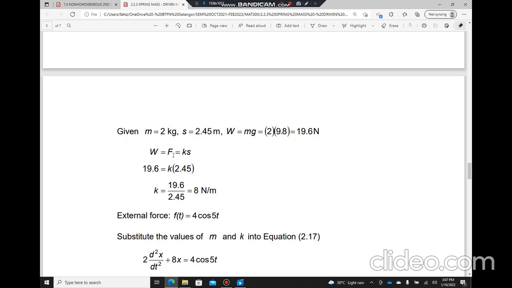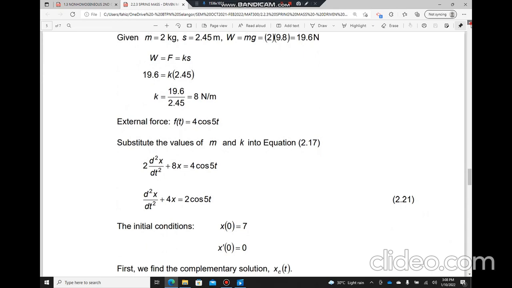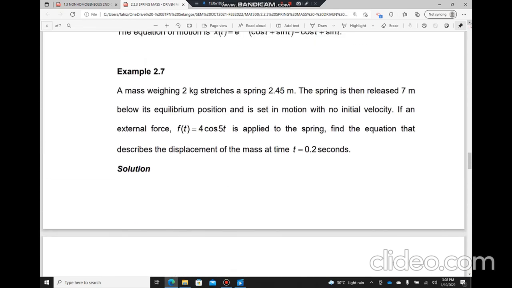So W equals to F, equilibrium position. So W pun dia sama dengan F sama dengan 19.6 equals to k multiplied by s. So we get k equals to 8 Newton per meter. External force F(t) equals to 4 cos 5t. Okay, so kita tengok kat sini, kalau based on question here, dia tak ada cerita pasal damping.